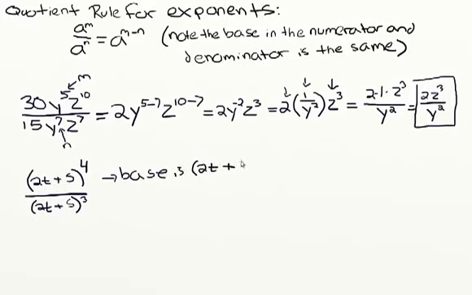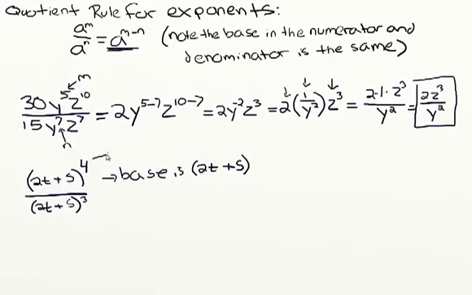So it doesn't matter that our base here is not just a single letter. Okay, so instead of a, where we have up here, now we have a 2t plus s. So that doesn't actually change our formula at all.